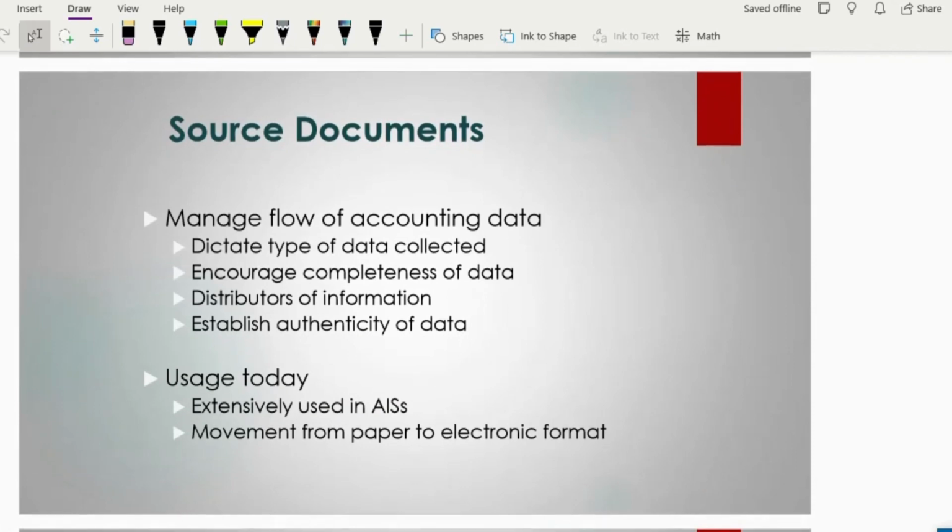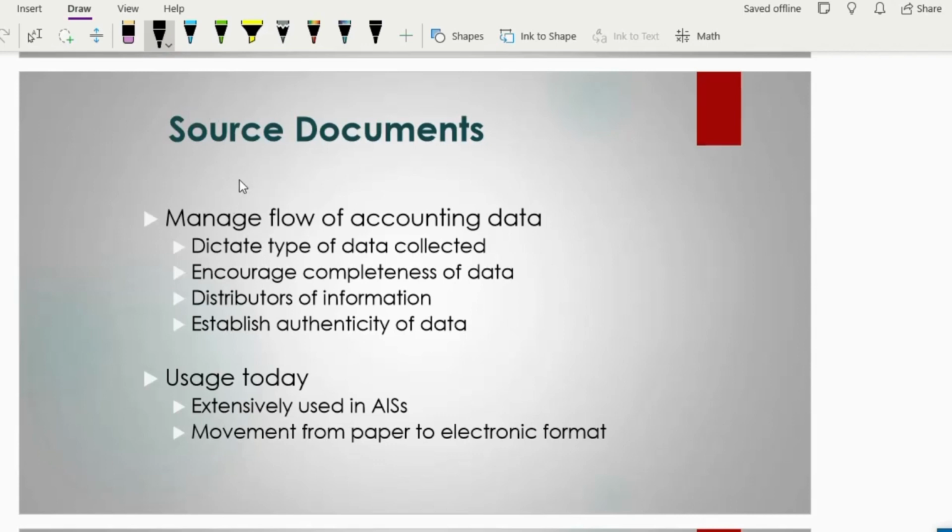Now it's time to enter the data in the accounting information system. We don't enter the data without having some knowledge about that data. Let's suppose a colleague tells you that we sold goods of $10,000. You will not start entering $10,000. You need evidence; you need a source document to enter the data.